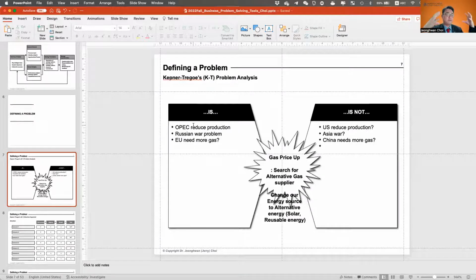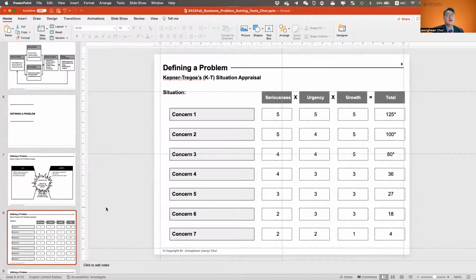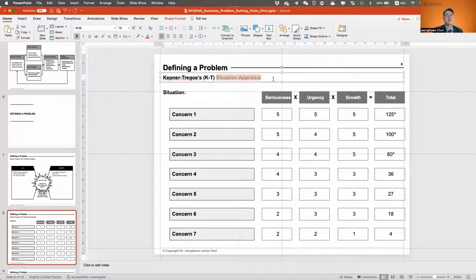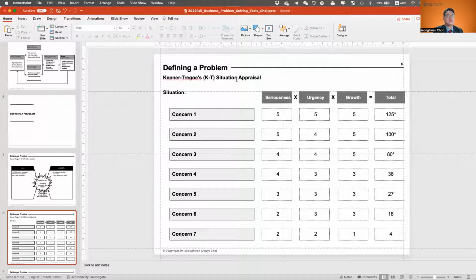That may bound a certain problem. So absolutely, I love to use that. That's a problem identification tool. And second, another of my most loved Traeger's tools is Traeger's situation analysis, the situation appraisal tool.